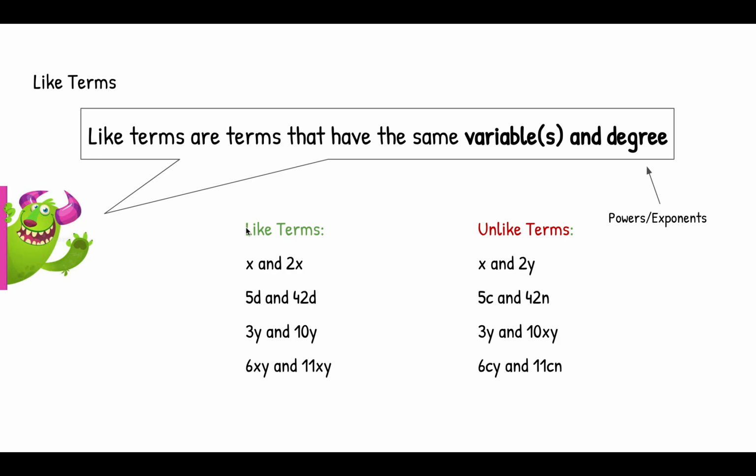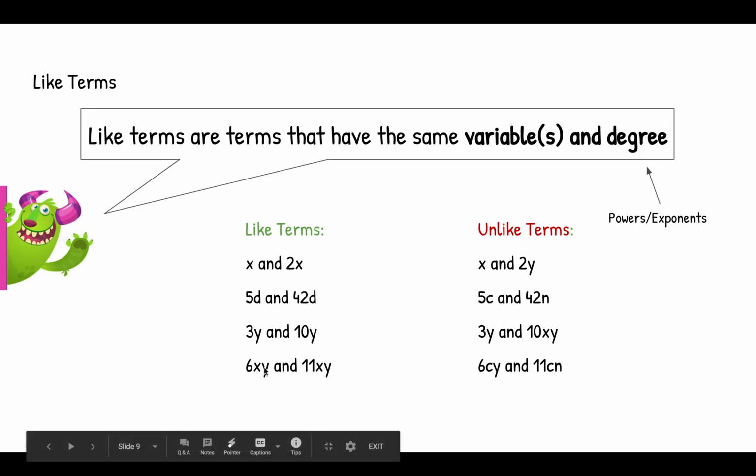So here are some examples of like terms. X and 2x are like terms because they have the same variable, x. 5d and 42d are like terms because of the same variable, d. 3y and 10y are like terms, and 6xy and 11xy are like terms.